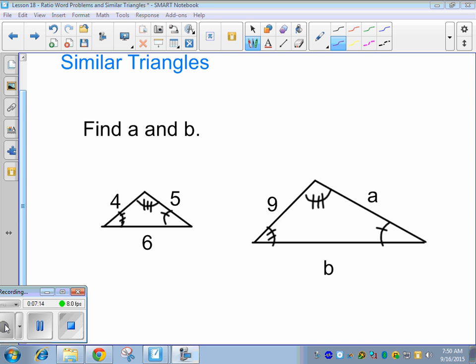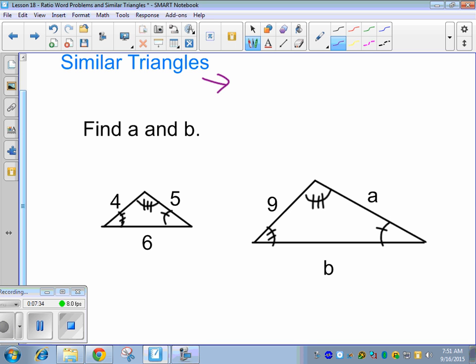How are we going to solve this problem? Riley, what do you think? How are we going to solve this problem? Okay, very good.